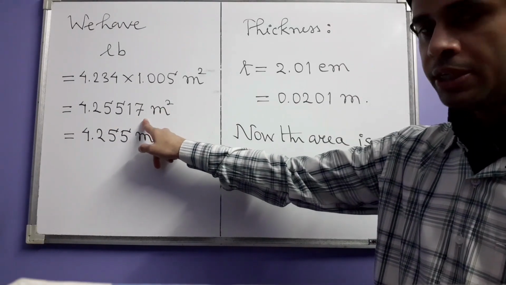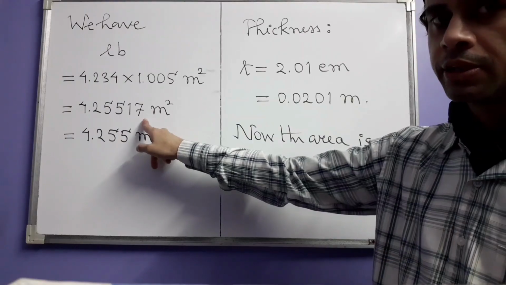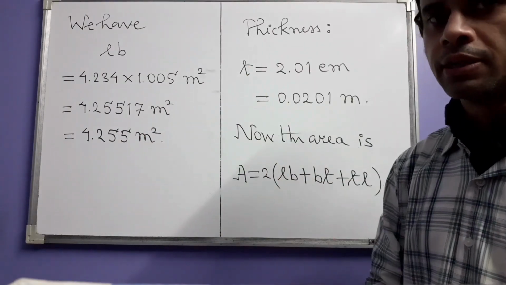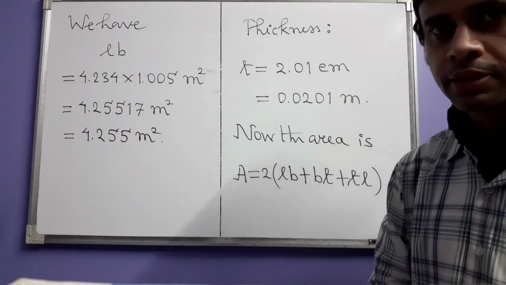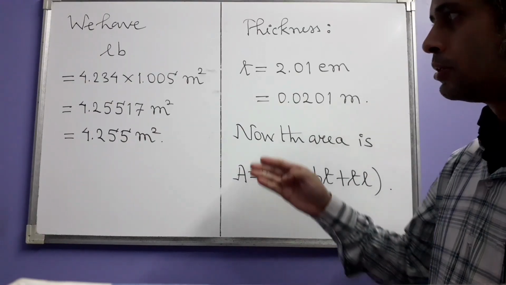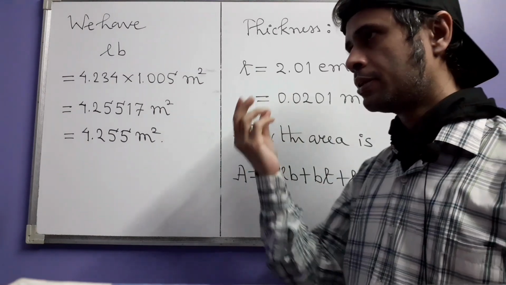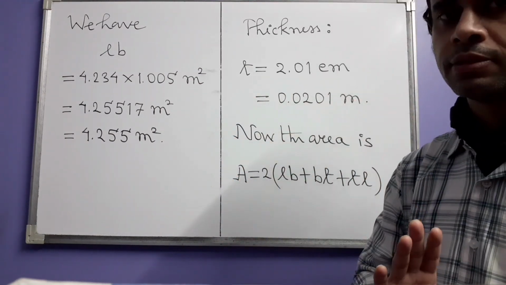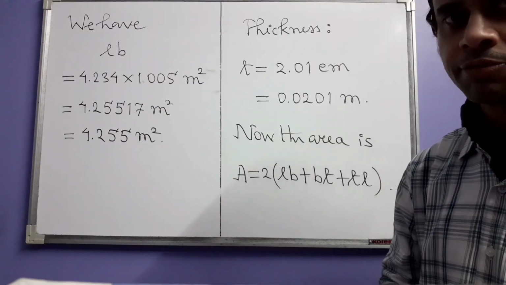But then immediately comes the number of significant figures here itself. What did we do here? We did multiplication, and when we do multiplication or division, we have to take that number of significant figures which is the least among all the measurements available.